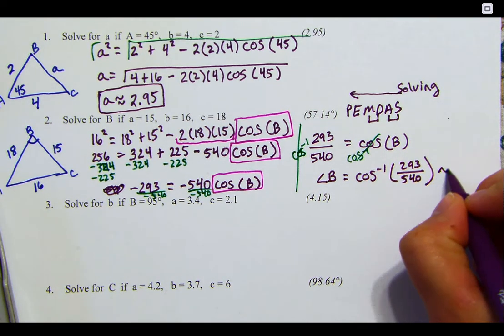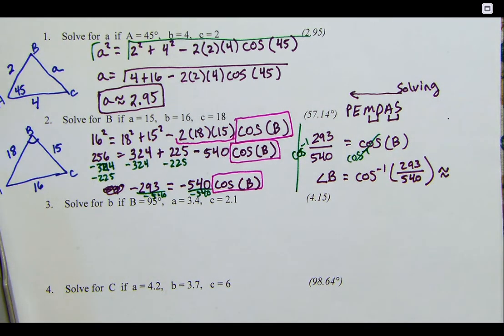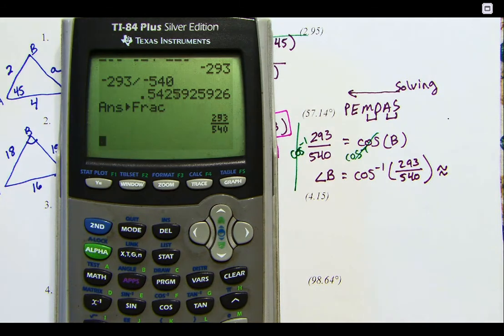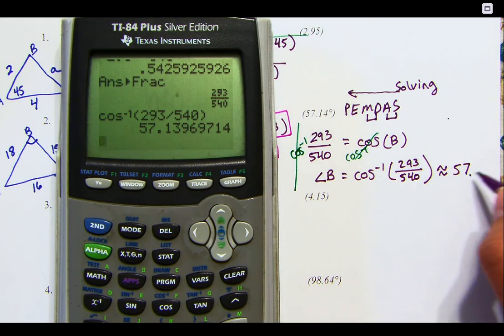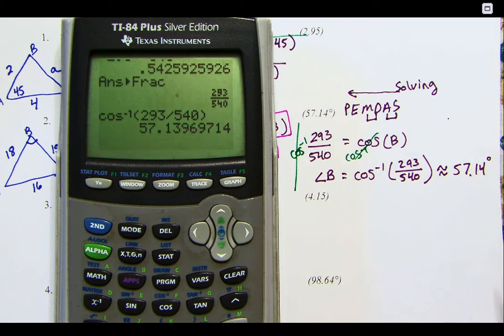That is what we are typing into our calculator to get the approximation. Second cosine to get its inverse, 293 divided by 540. So 57.14 degrees, since we are finding an angle, is going to be our final answer for that.